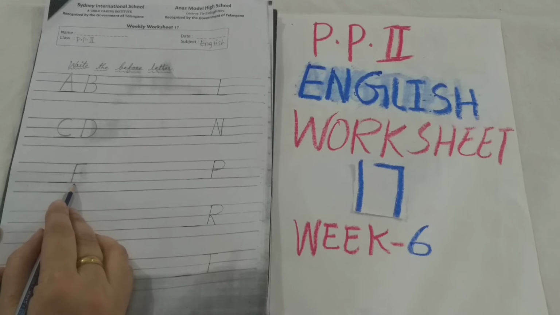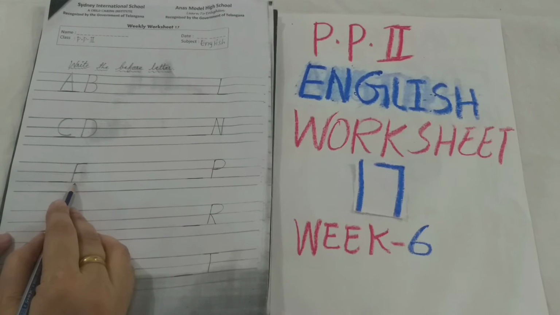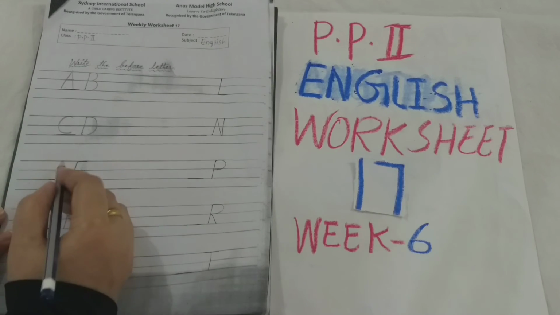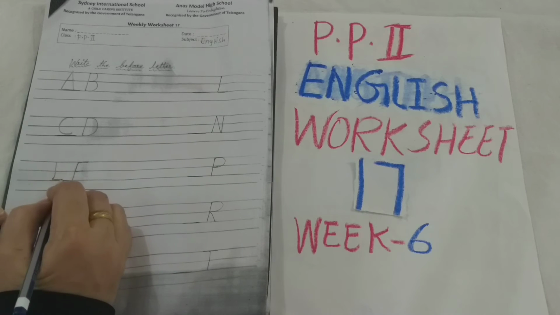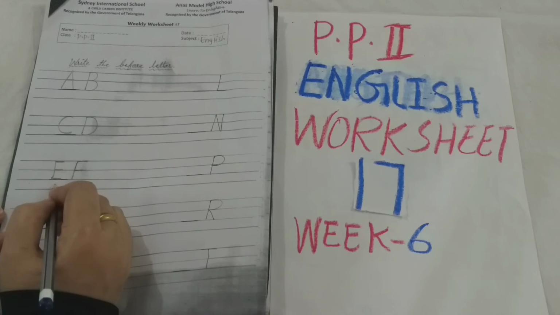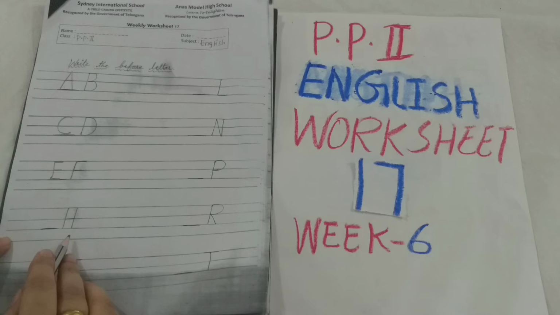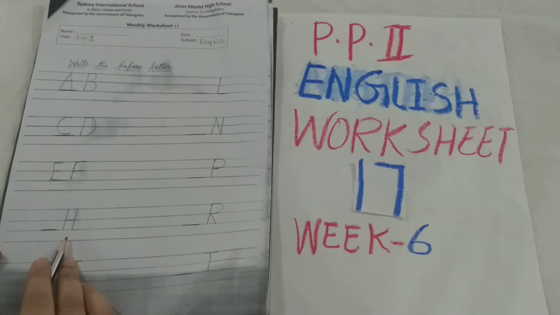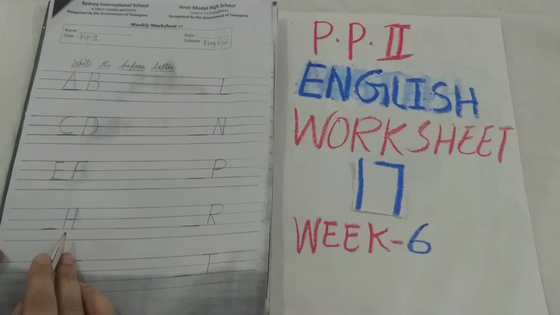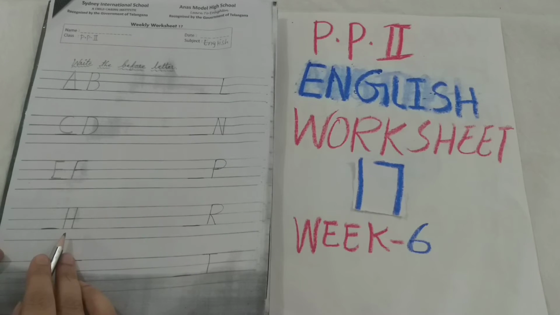F is here. F before E. Write in your dash capital E. Now H. Here is the capital H. So before H, which letter is going to come?